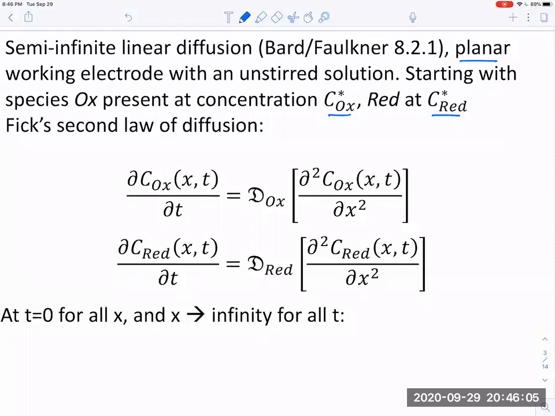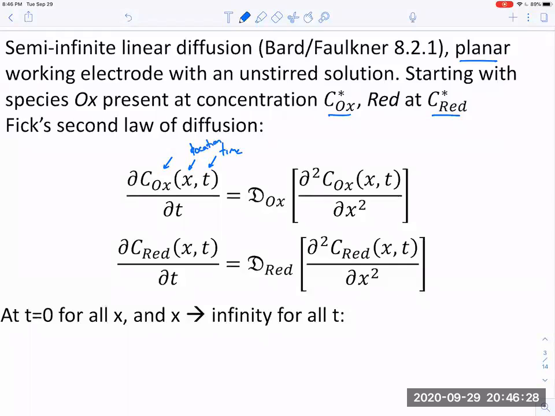As we mentioned, the concentrations of these species are a function of not only distance, x, how close they are to the electrode, but also there's a time component.